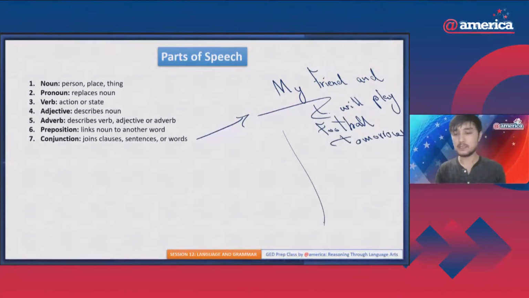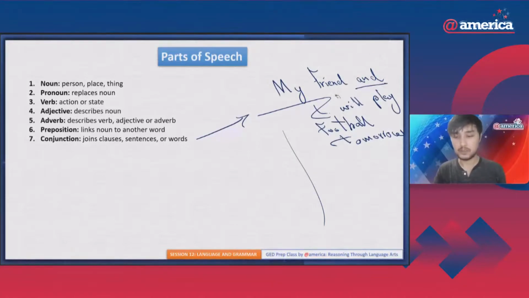In this sentence, we know that "and" is the conjunction, and it's used to join these two words. And you have conjunctions like "but."